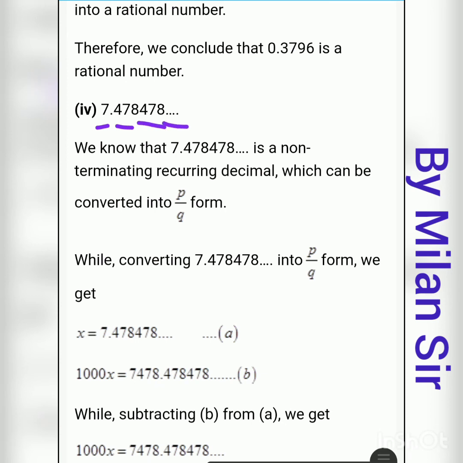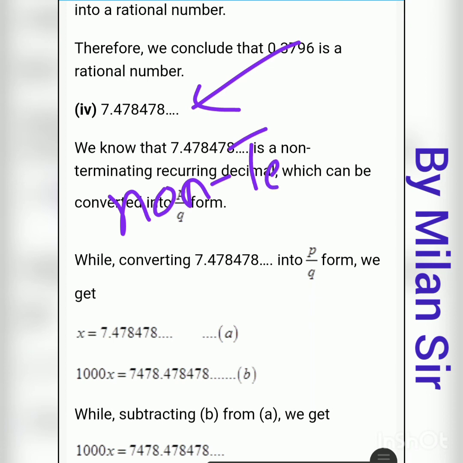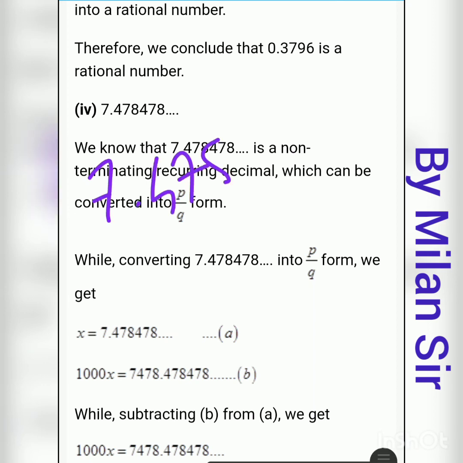Then 7.478478. Here our answer is not terminating, that's why it is called non-terminating. Here 478 478 478 continuously. That means the digits are repeating.